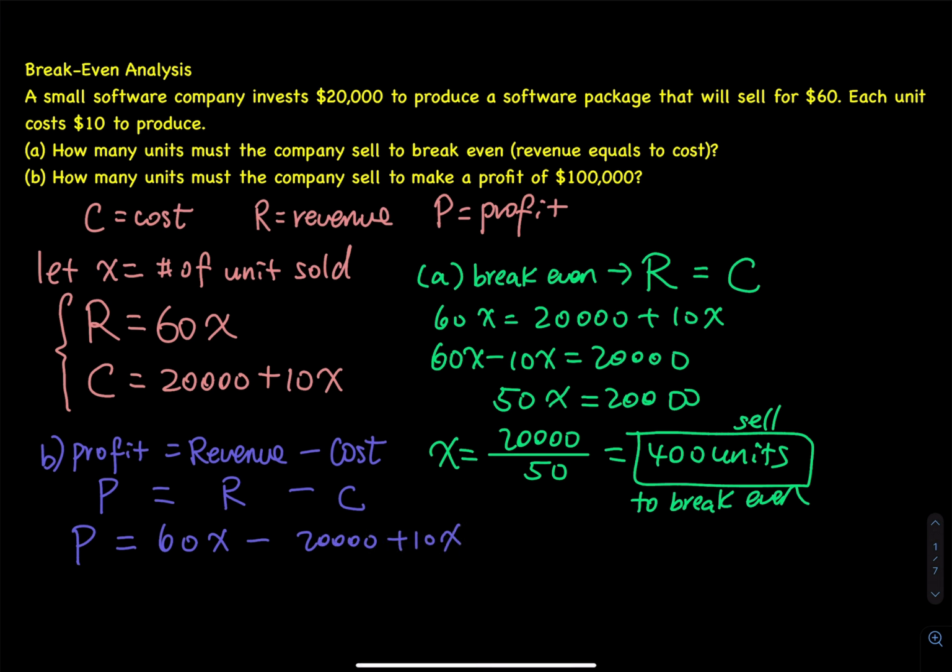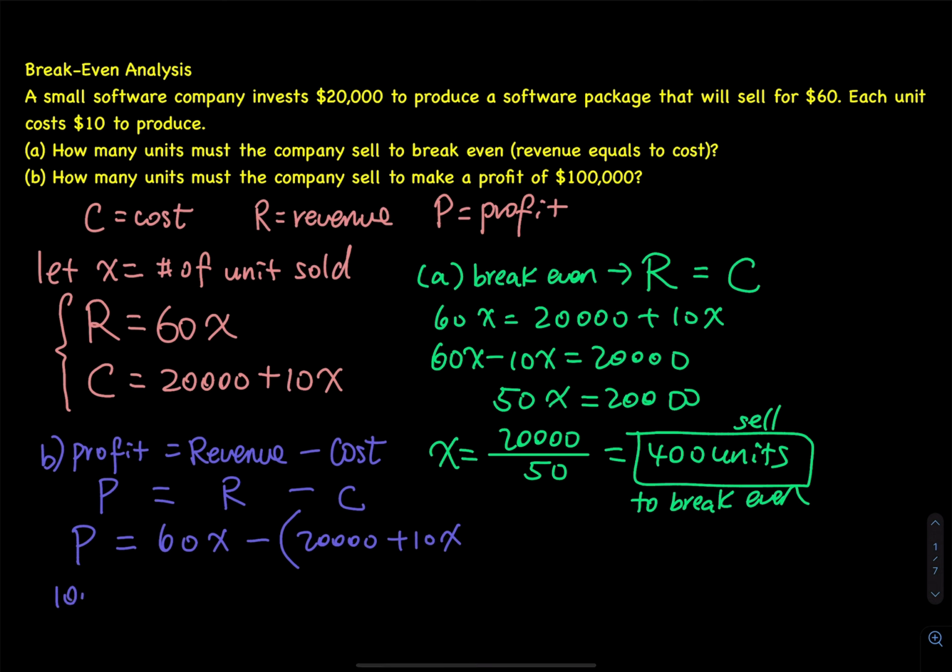Now, let me ask you a question. Is this correct? Am I missing anything? You subtract a cost function. You are subtracting the entire cost function, so the minus matters because when you distribute, that becomes a minus 10x. So what is the profit? The profit is $100,000.